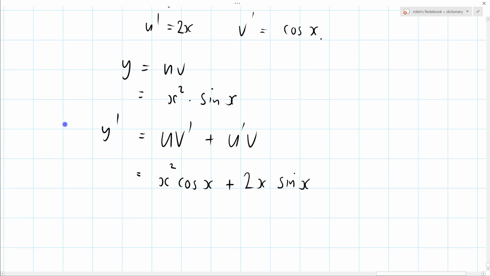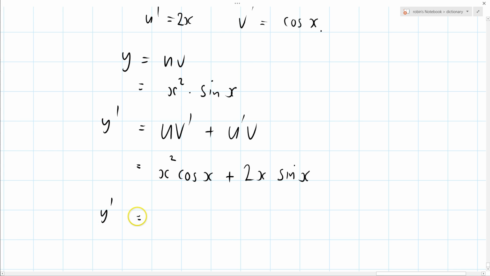Well, that's nice. So y dash equals x squared cos x plus 2x sine x.